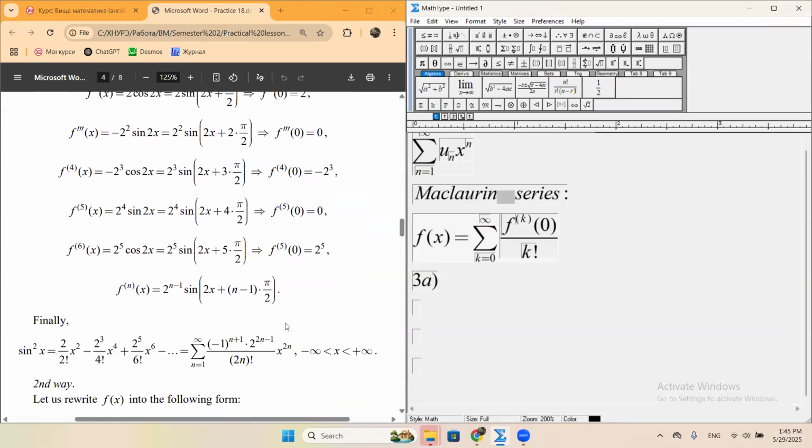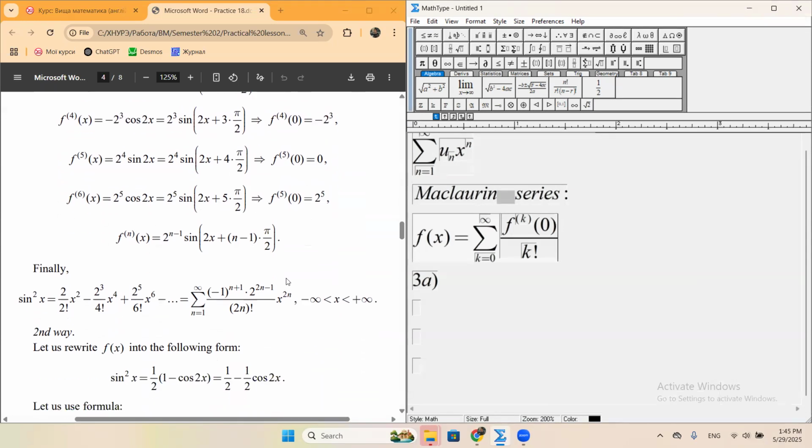And we received the following series: minus 1 in power of n plus 1, divided by 2n factorial and multiplied by x in power of 2n.